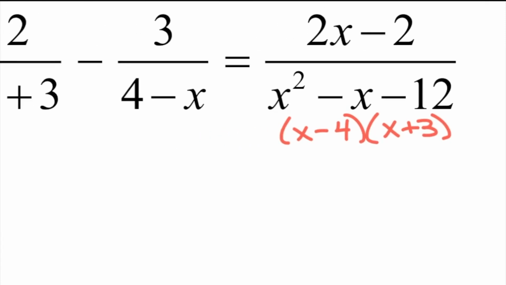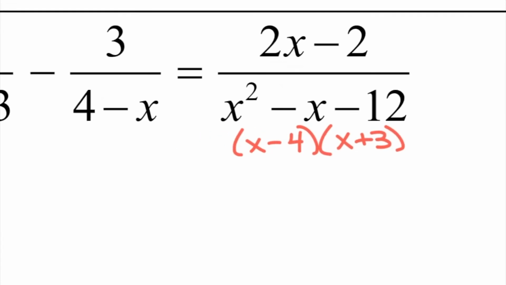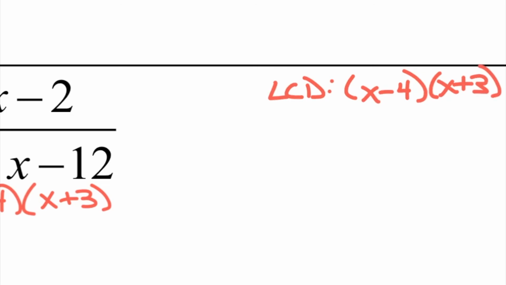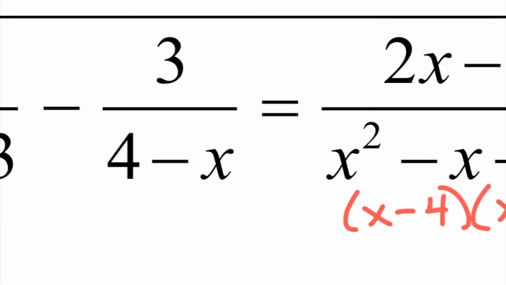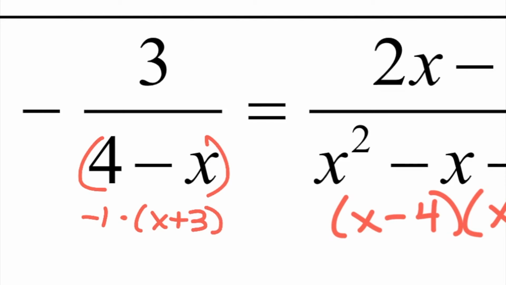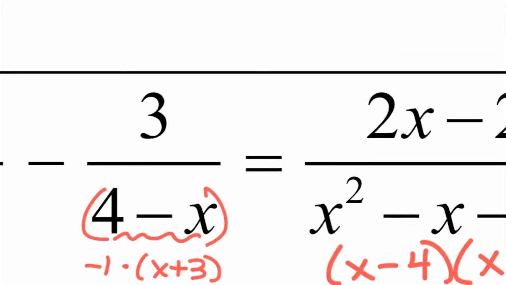So my LCD here is going to be x minus 4 times x plus 3. And what I'm going to do for this term is multiply by -1 and times x plus 3, and that'll take care of the subtraction that's backwards. So I also have to multiply this by -1 and x plus 3 in the numerator.